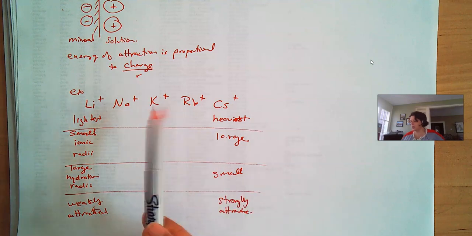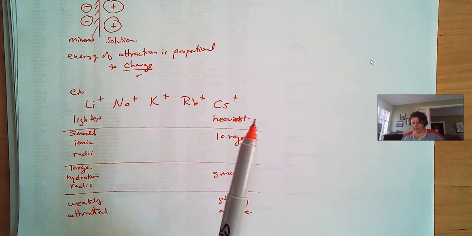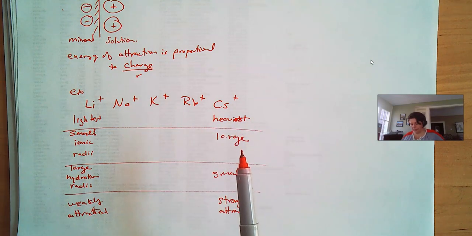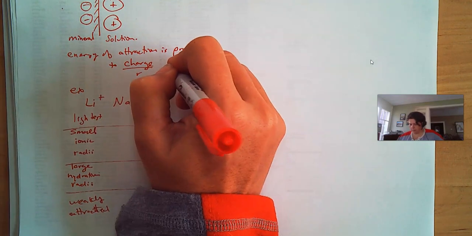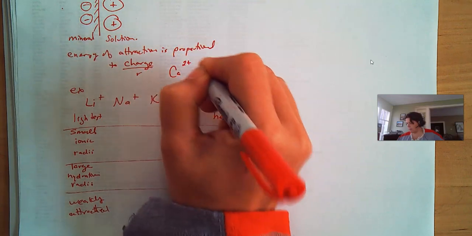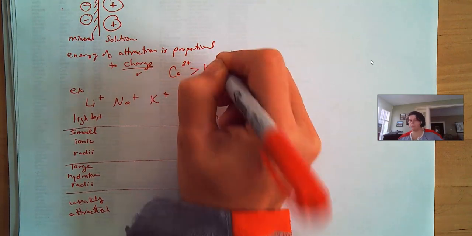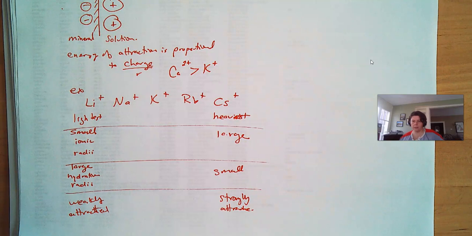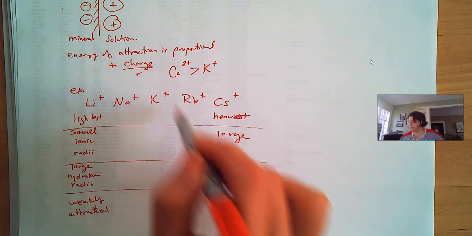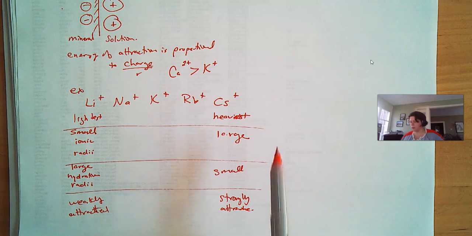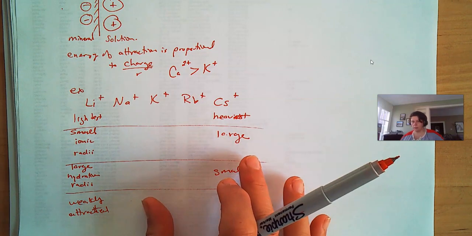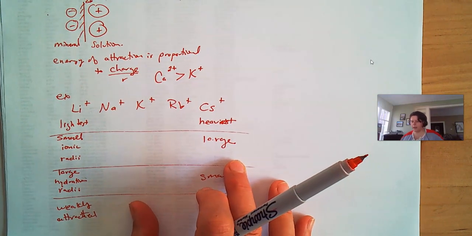And generally our divalent and trivalent cations are more strongly attracted than monovalent. So generally calcium is much greater than potassium, and then trivalent would be even more. So we get more attraction with those. Keep this in mind when you're looking at different things inside the system with adsorption, we know that that is the attraction there.